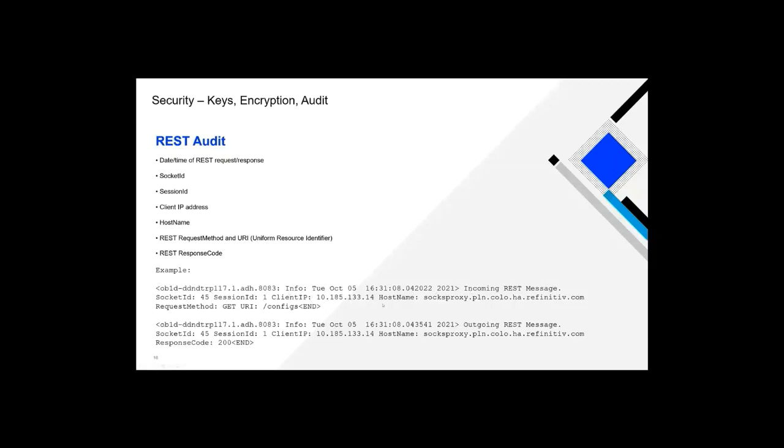So this is some example in the log file, REST audit log file. I can see that at this time, the server received /config resource query, and the response was successful. HTTP OK 200. So I know what's going on with my REST API.